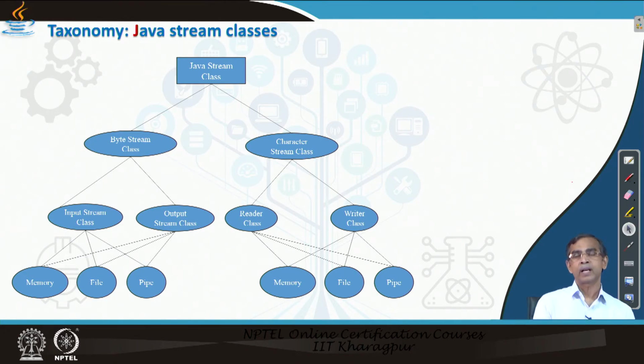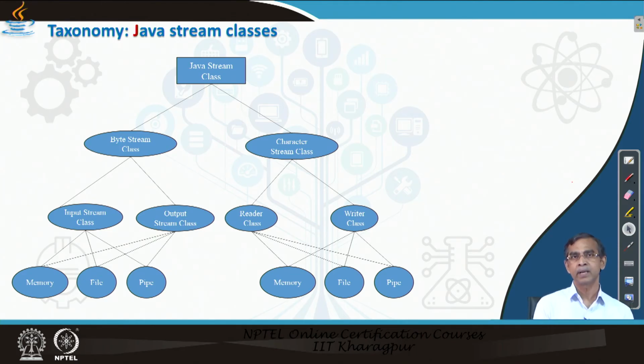And then there are different classes related to the different devices. I will give you a summary of the different classes related to the different types of source that we can think about, both for input stream as well as for output stream. Now, the character stream classes are again of two types, reader class and writer class.